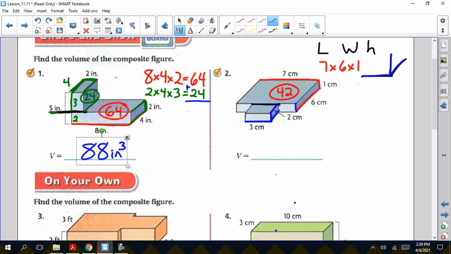And that is 1 centimeter. So the height is 1 centimeter. So we're going to take 3 times 2 times 1, and that gives us 6 centimeters. 42 centimeters plus 6 centimeters gives us 48 centimeters cubed.